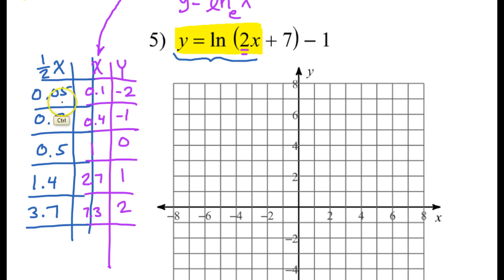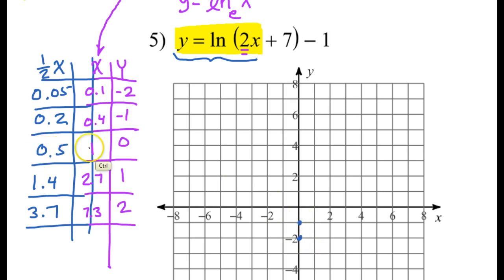So 0.05 is really close to 0. So 0.05 comma negative 2 is going to basically look like it's on the line. 0.2 comma negative 1 is not much better.